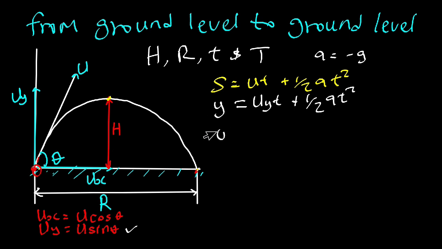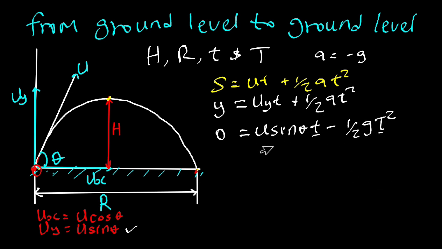So we have 0 equals u_y, which is the vertical component of the velocity, equals u sine theta multiplied by time. Now this a is going to be equal to negative g, and plus times minus g is going to be minus, so we write minus half gt square. So we have t here and we have t square here.